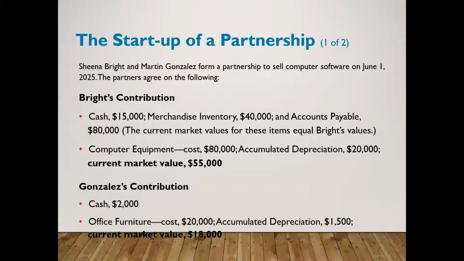Computer equipment costs $80,000, accumulated depreciation, $20,000, market value, $55,000. Gonzalez is contributing $2,000 cash. Office furniture costs $20,000, accumulated depreciation, $1,500. The current market value for Gonzalez's contribution is $18,000.